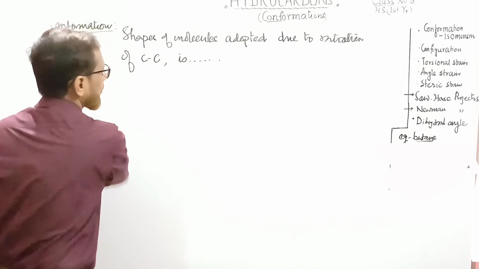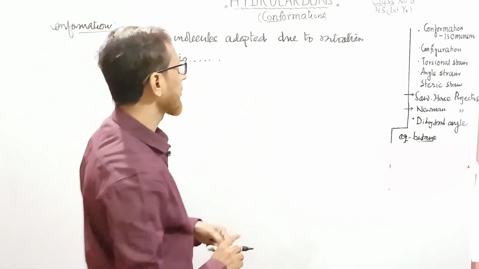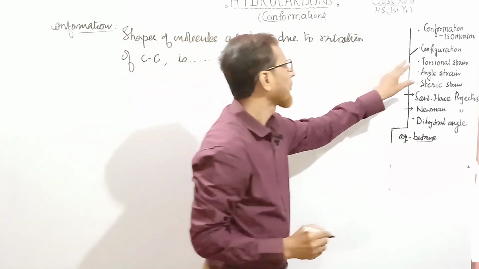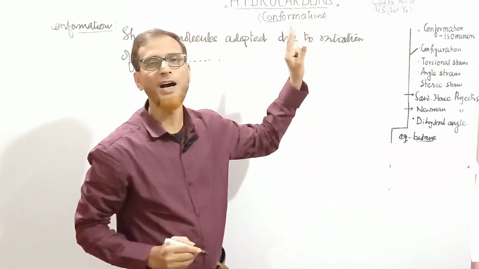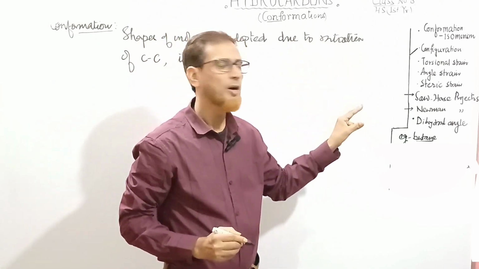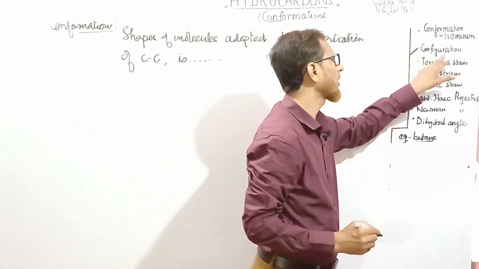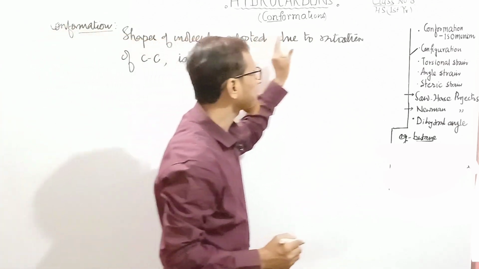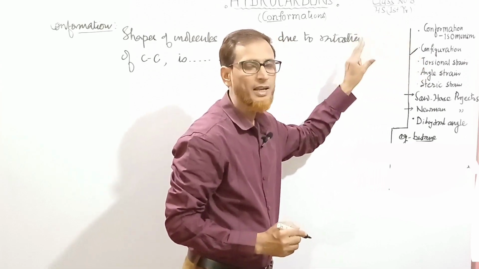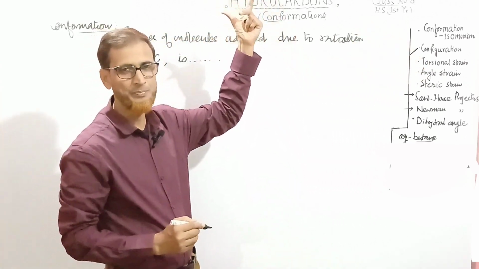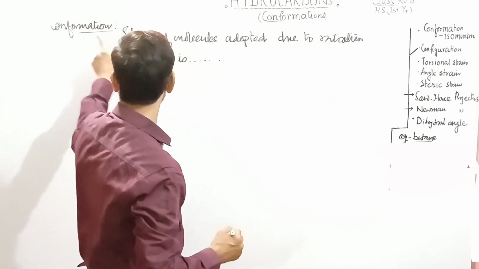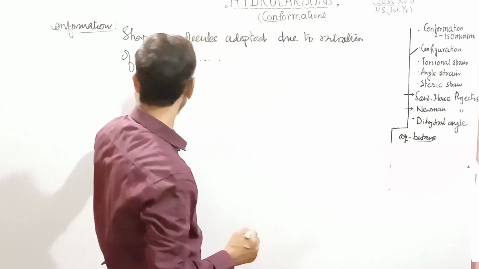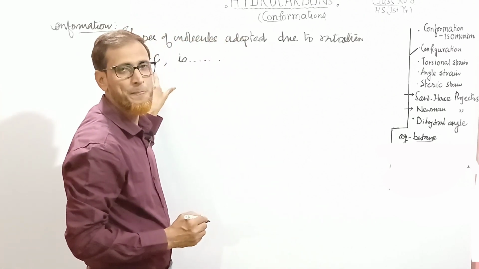Now, before coming to conformational examples, let me first make some difference. What is configuration? I think most of you may not know what is conformation and what is configuration. From my definition, you have seen that conformation and configuration both are nothing but spatial arrangement. But in case of conformation, the spatial arrangement differs due to rotation of carbon-carbon bond.